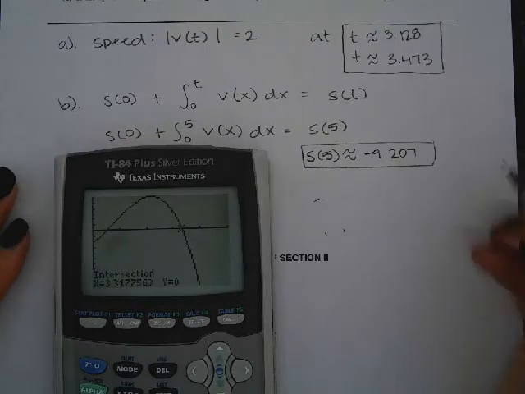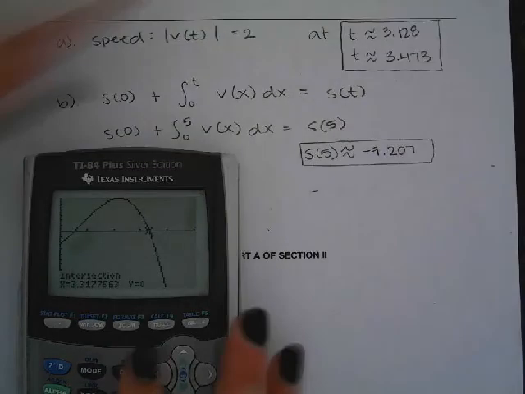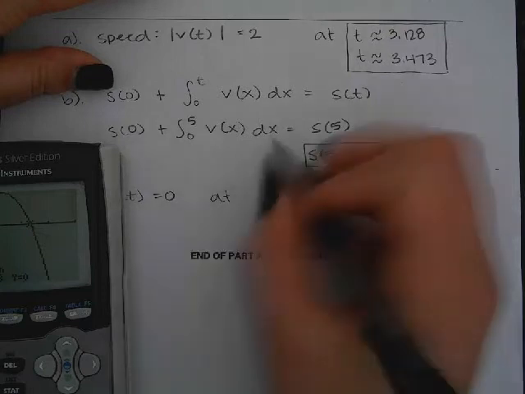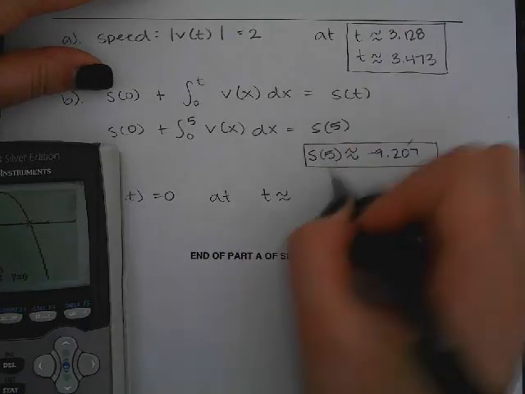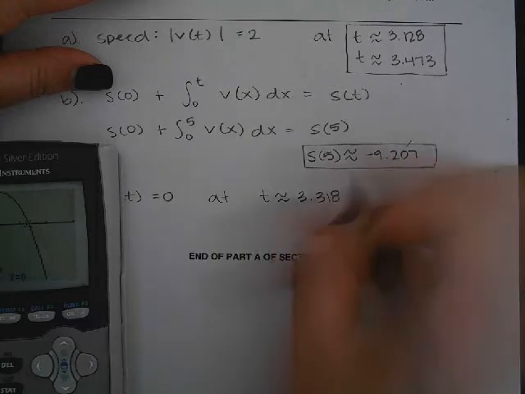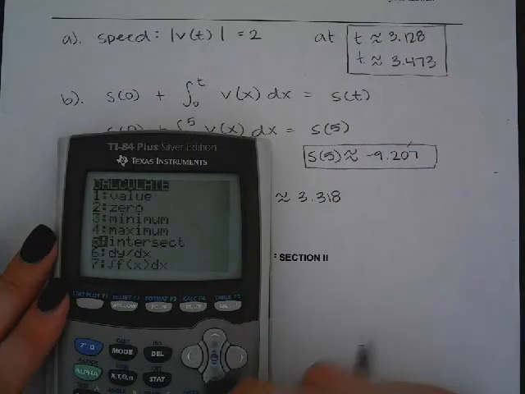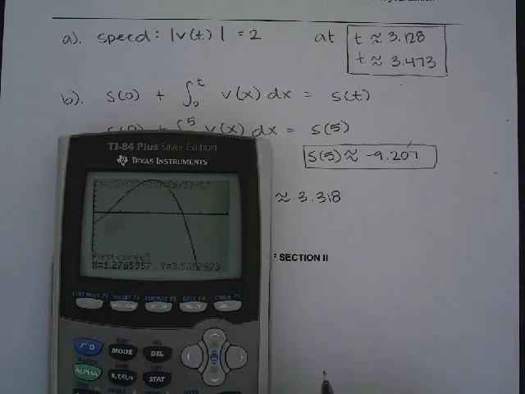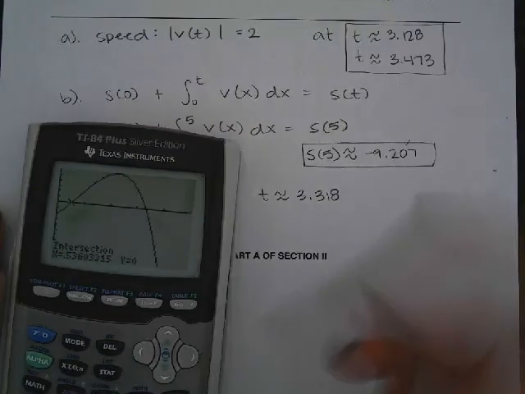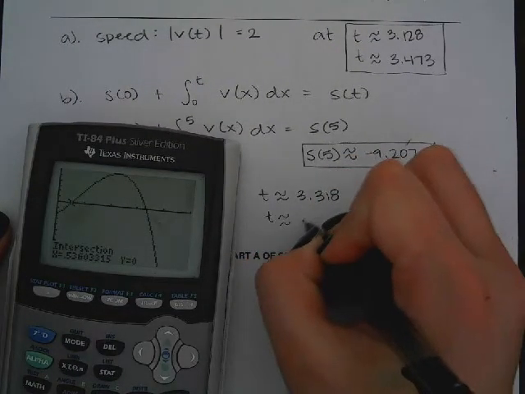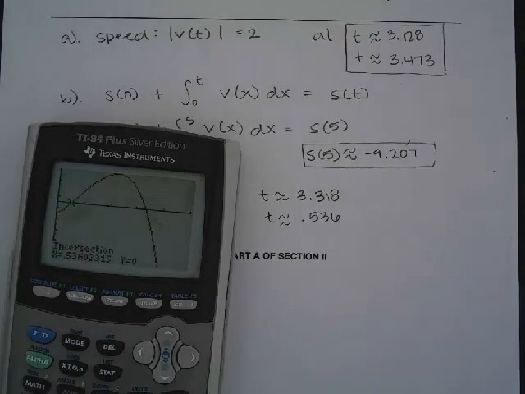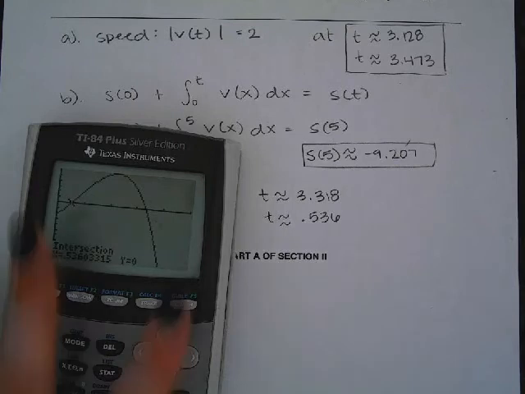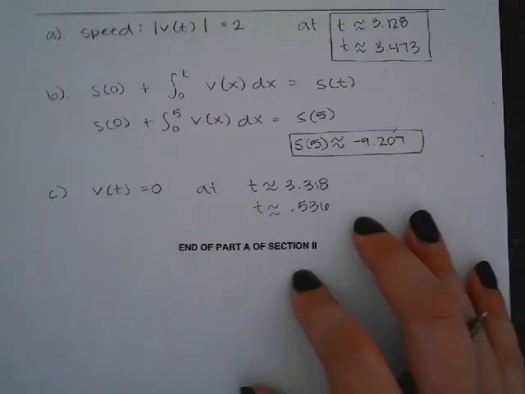Okay, so it found the second one first. And so now I'll do the same thing again, and I'm just going to scroll over, and I just want it to be closer to that first one. And it says to justify your answer, and so the justification is that the velocity changes signs.